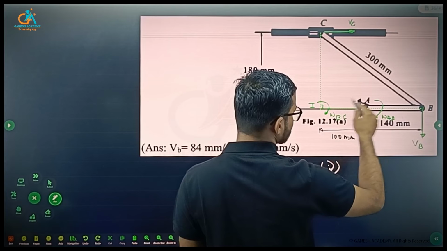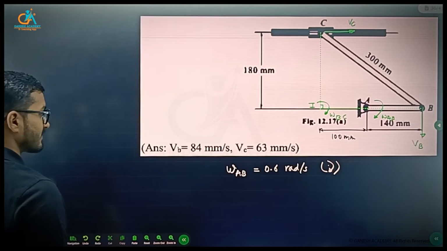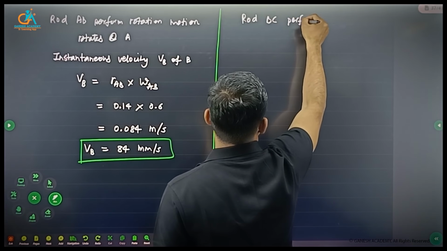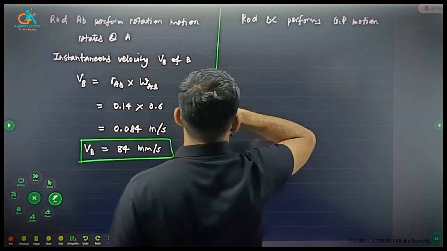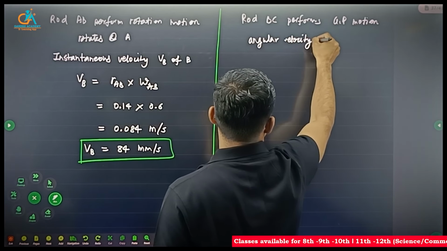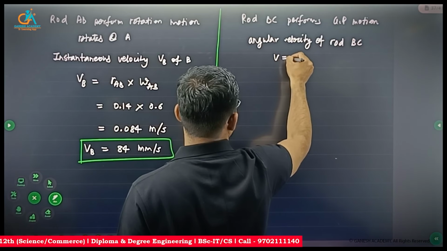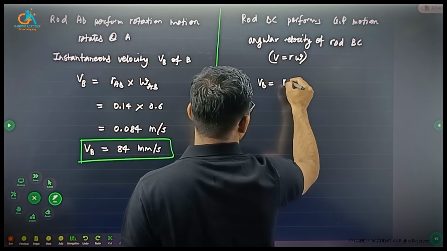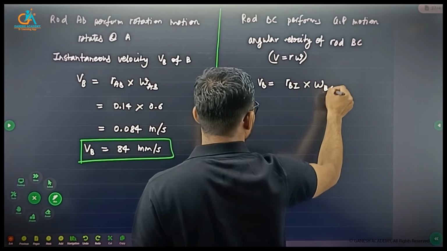So VB is equal to RBI into omega of rod BC.